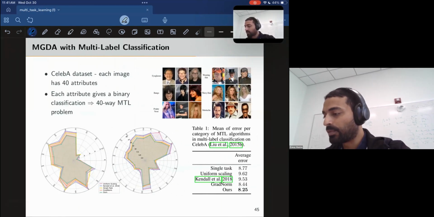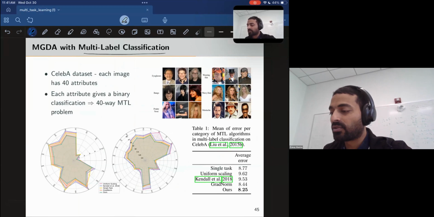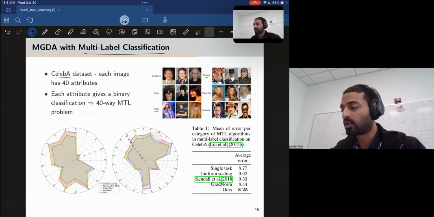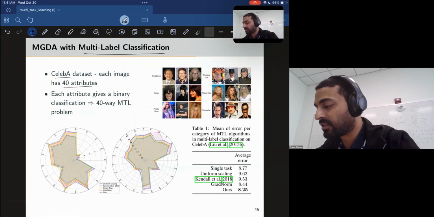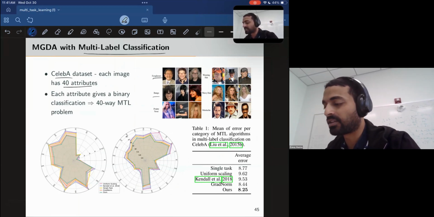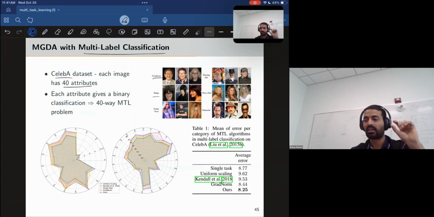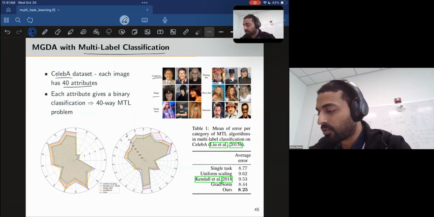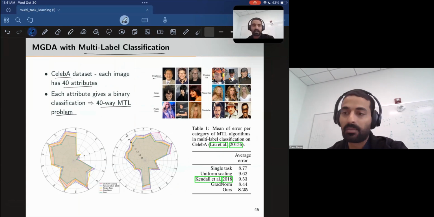It has been used in other domains also, like multi-label classification. There is a CelebA data set where every image has 40 attributes, and these attributes are whether the person has eyeglasses, whether they have bangs, and so on. Corresponding to every attribute, you get a binary classification problem, and so you have a 40-way multitask learning problem.